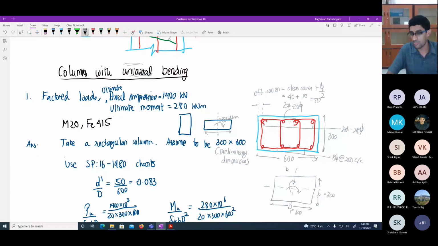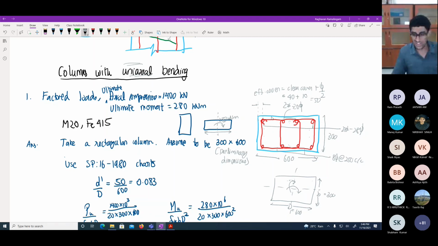So these kinds of reasons, some minor moments may occur in the other direction. So in many cases, also from the point of view of symmetry, it's sometimes a good idea to give reinforcement uniformly on all the 4 sides.